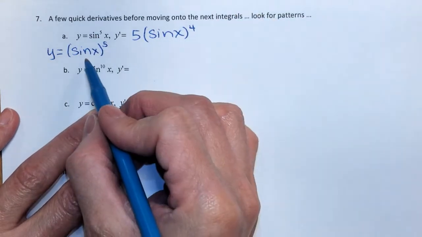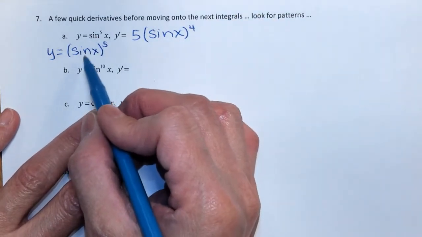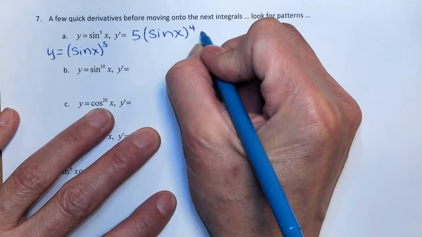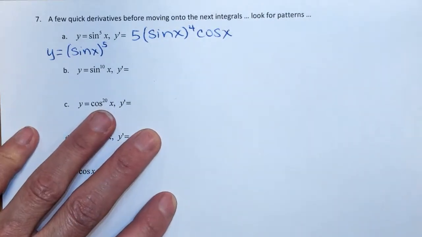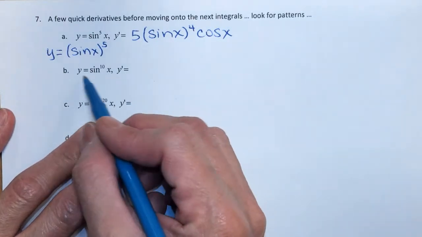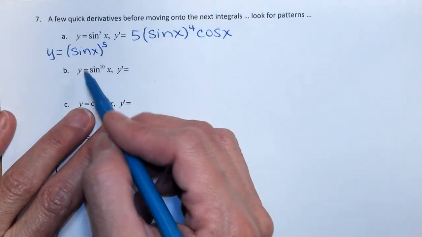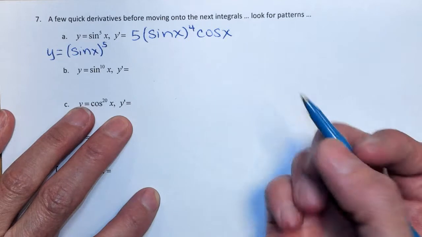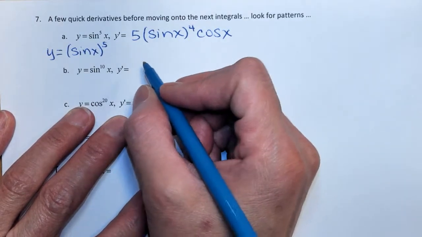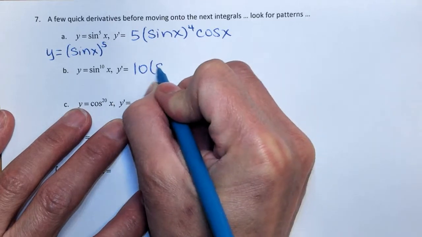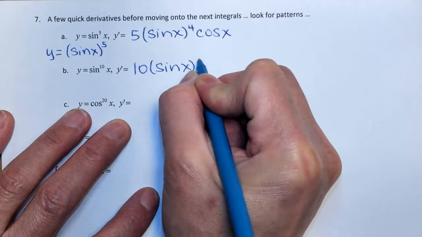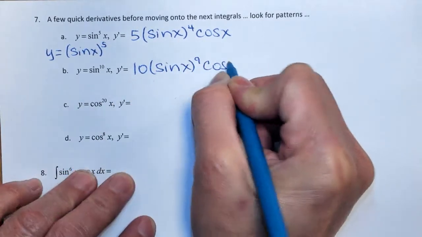And then the chain rule tells me I need the derivative of what's inside. The derivative of sine is cosine x. So again, what would this be? It's the same sort of expression, but to the 10th. So the derivative of sine x to the 10th is 10 sine x to the 9th cosine x.